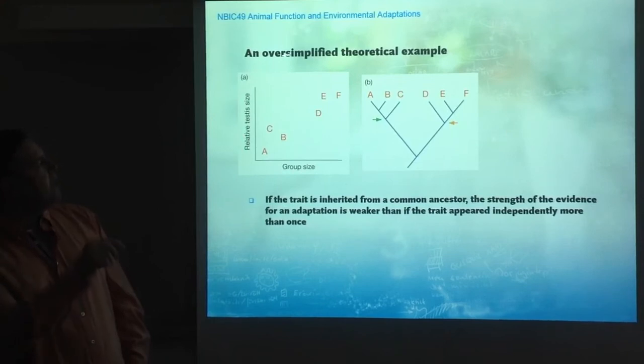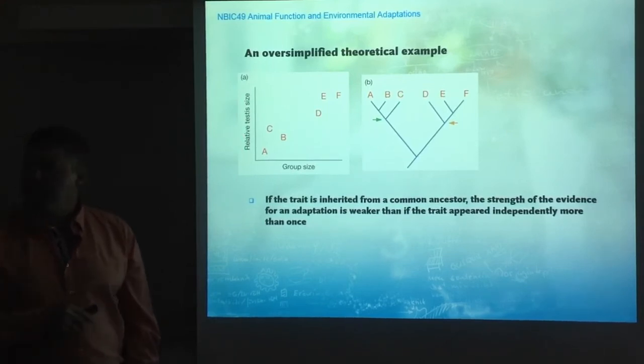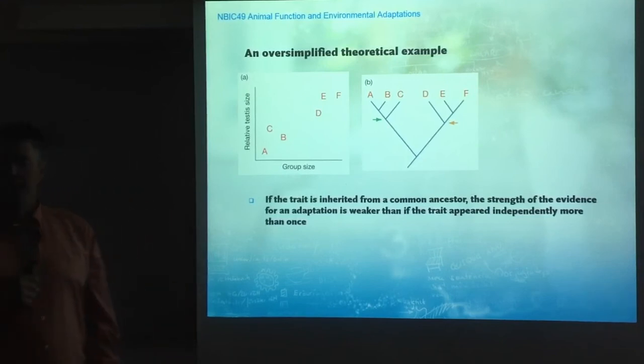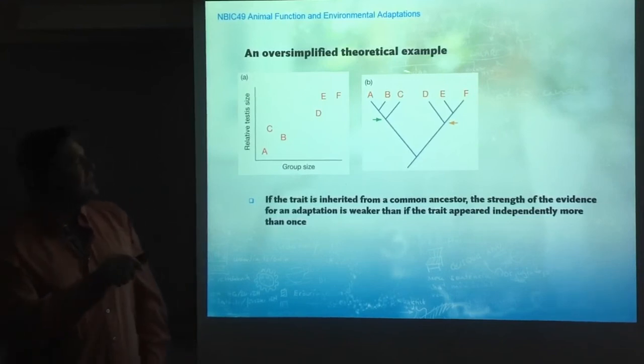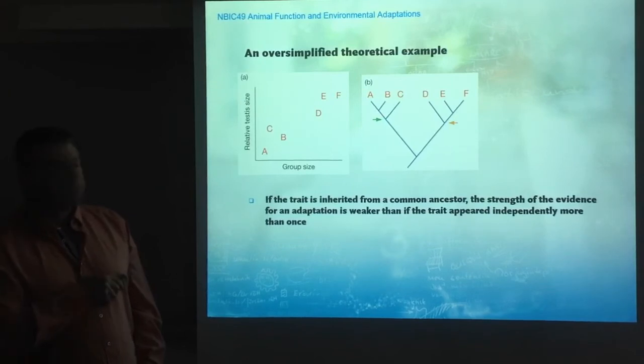If now we take these species and we put them in a phylogenetic tree that looks like this, what is it that we get? What we get is that A, B, and C in this phylogenetic tree basically cluster together. Do you see that? So they cluster together here. D, E, and F cluster together here as well.